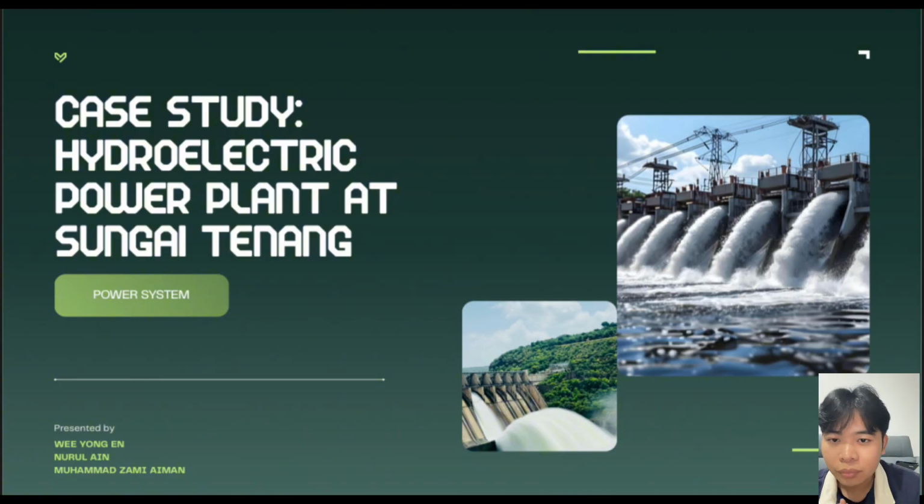Alright, let's see our slide first. The first slide. I will go through some intro to our group first. This case study title was Hydroelectric Power Plant at Sungai Tenang, and my course for this was DET 30143 Power System.